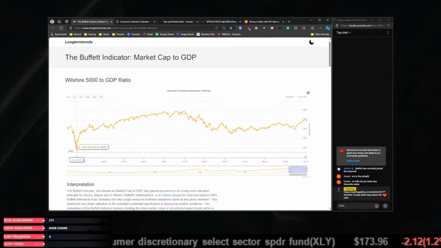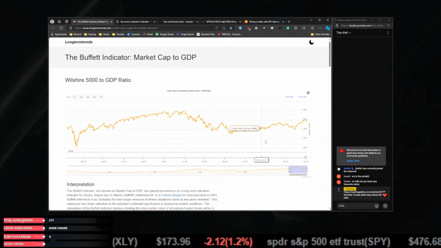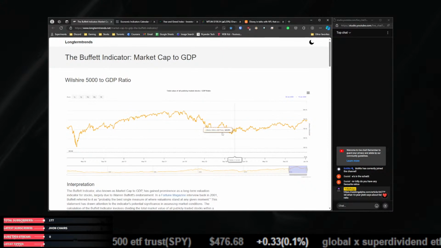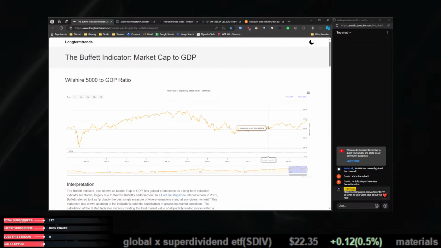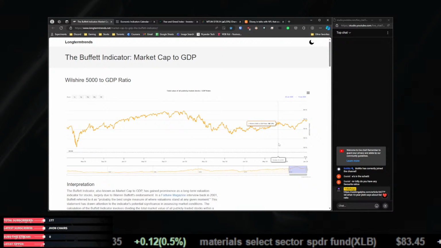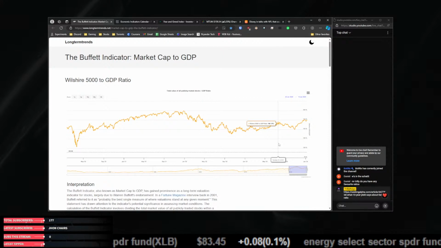This was around the COVID crash and kind of see that dip there. Overall, we're still soaring pretty high, but we have come down a bit from that overall high. So still overvalued, still not really coming down.